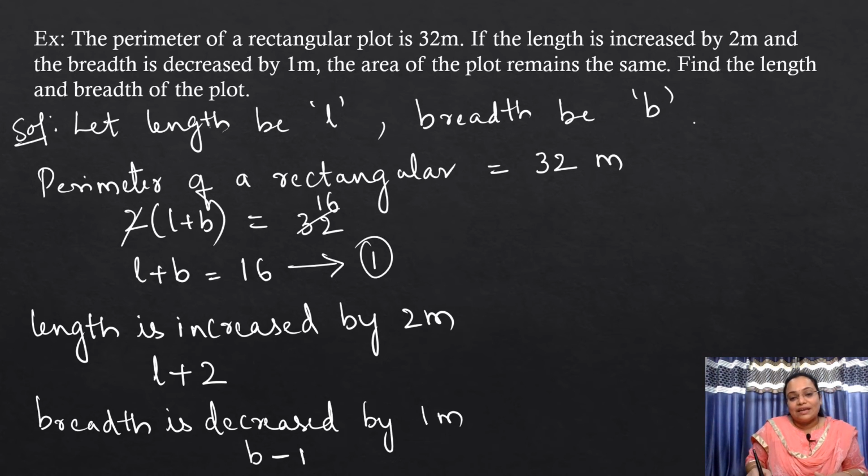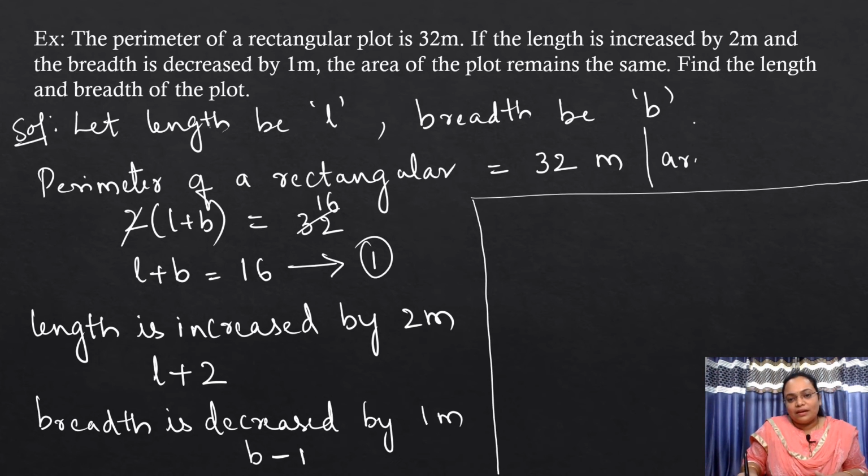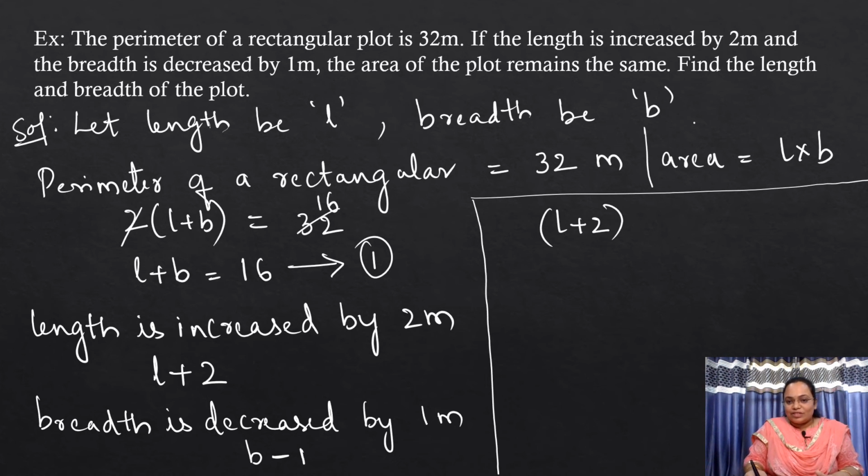So, what is area? Area of a rectangle will be L into B. Right? So, he says that L plus 2, since length is increased by 2 meters, and breadth is decreased by 1 meter, and the area remains the same, which is LB.